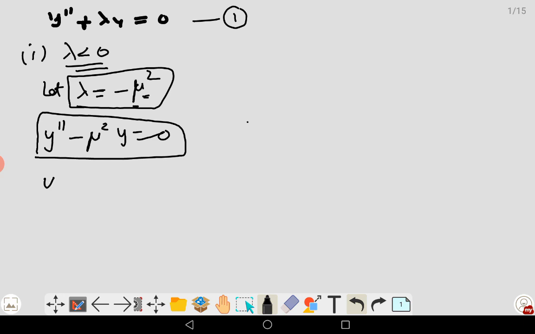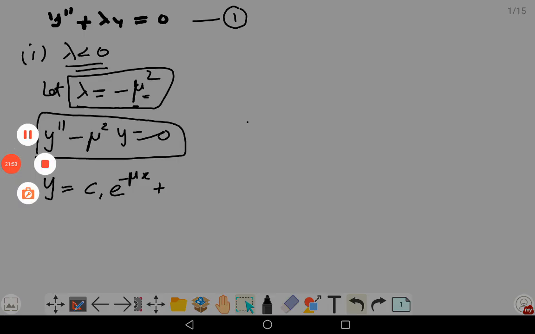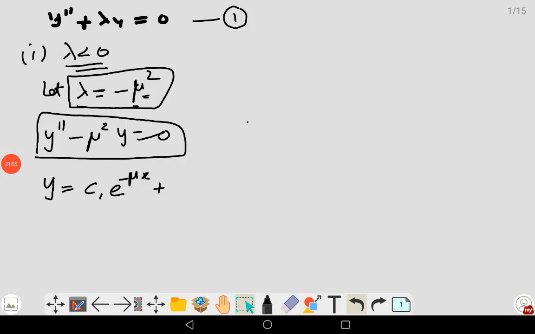Here the solution of this kind of differential equation will be y is equal to c1 e raised to minus mu x plus c2 e raised to plus mu x.